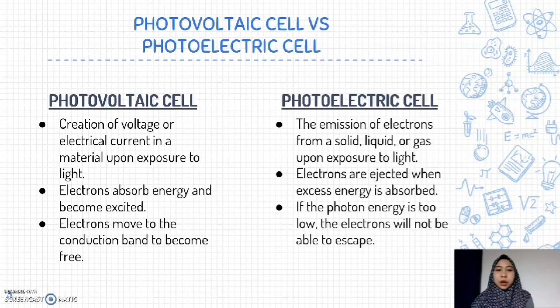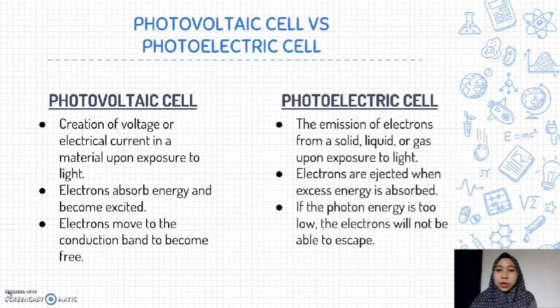Examples of photoelectrochemistry cells. The first one is the photovoltaic cell and the second one is the photoelectric cell. For the photovoltaic cell, it is actually the creation of voltage or electrical current in a material upon exposure to light, and the electrons can absorb the energy and become excited, and then when the electron is excited, it will move to the conduction band to become free.